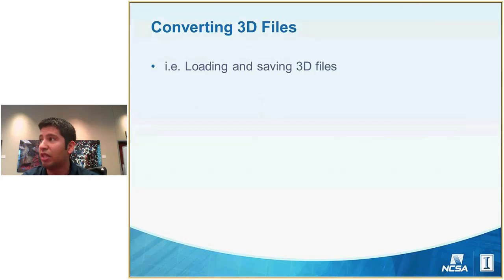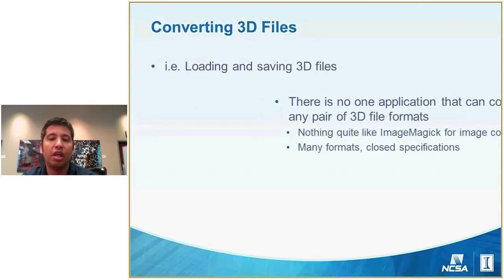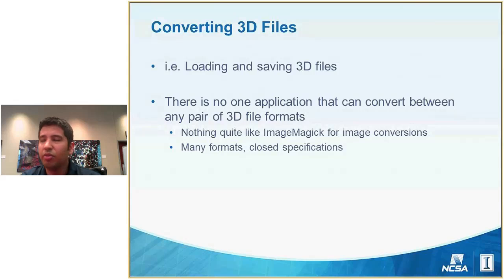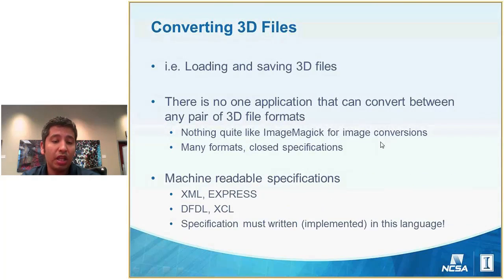If you can open it in one format and save it in a different format, it's doing a conversion for you. In the 3D world, there really is nothing like ImageMagick in the image world, where ImageMagick supports a heck of a lot of formats in terms of conversions. There's nothing quite like that in the 3D world, and there are many formats in the 3D world with closed specifications, so that makes it a lot more difficult as well.